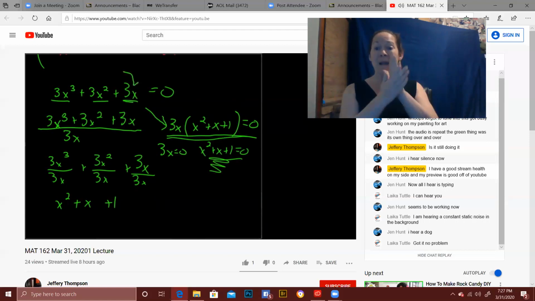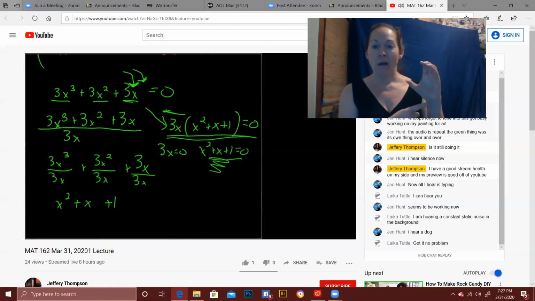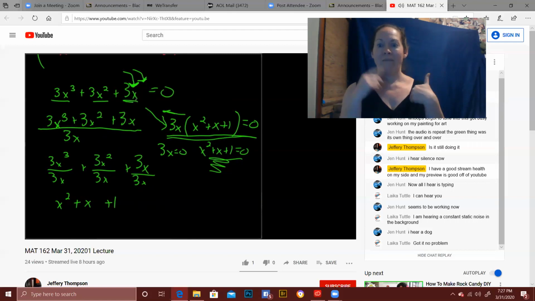If our last term in the polynomial still has x in it and we don't have a constant, we're going to be able to pull at least a monomial out, because I have at least whatever that last term is working its way through. And so that's the thing to look for.